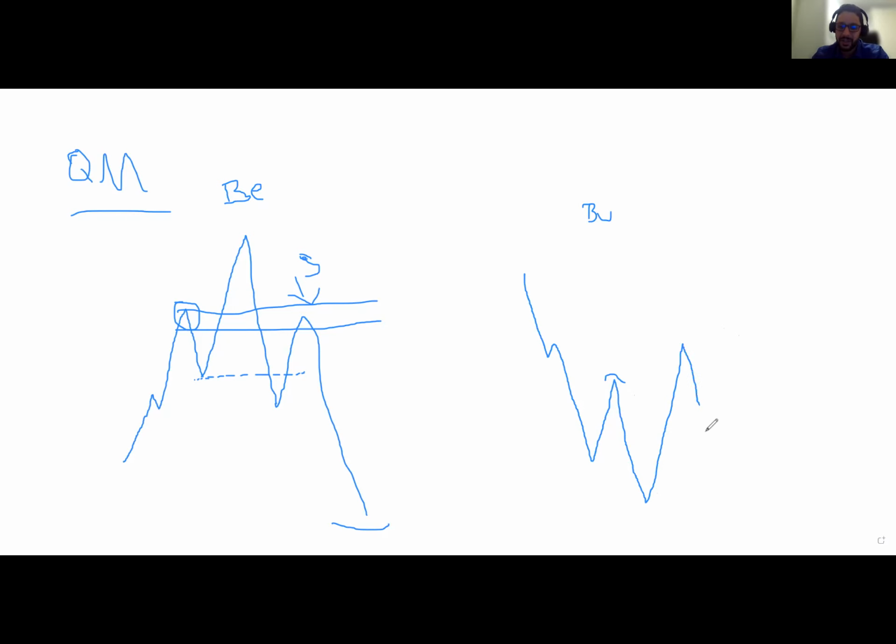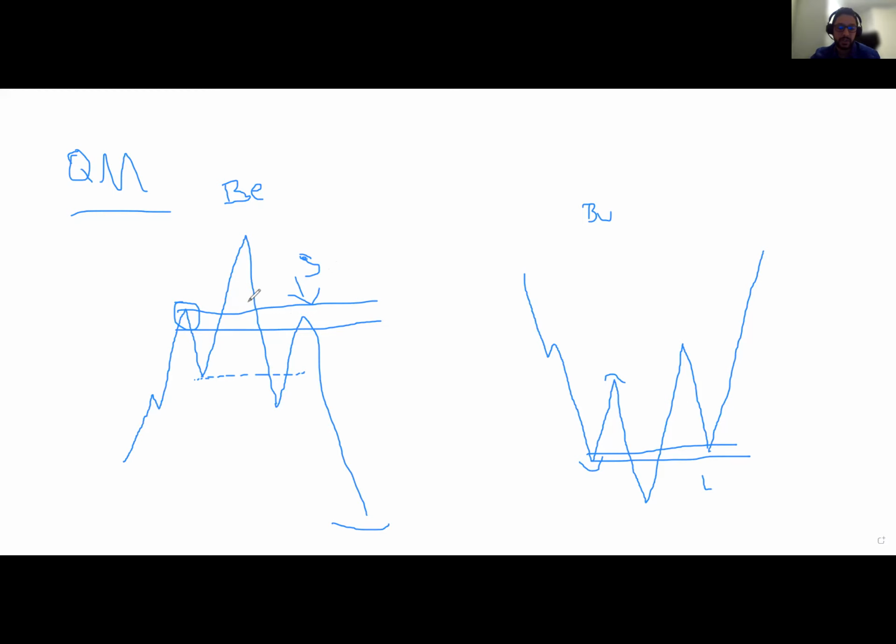Anyway, it's coming down here, close to this area. So that's going to be a long position, a long trade. So we can go all the way up to here. This is a bullish case. This is a bearish case, right? So we have two different setups for one pattern, and one is bearish, one is bullish.